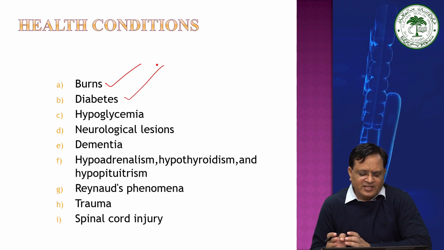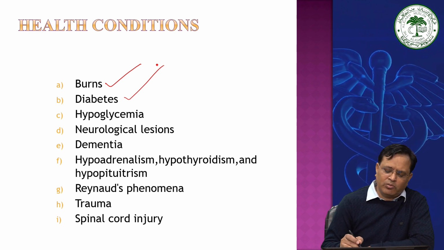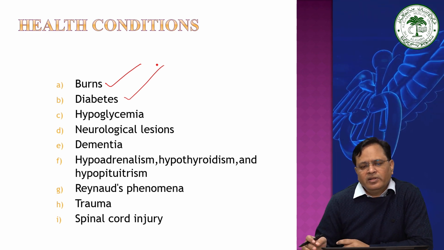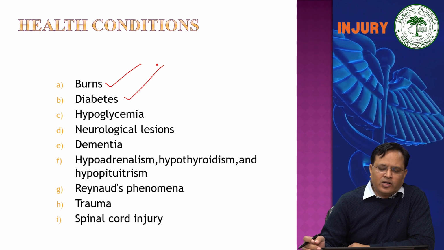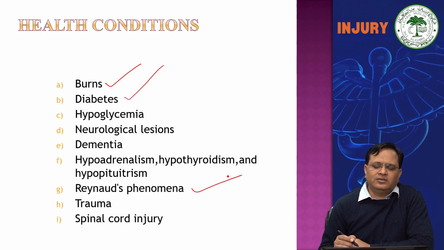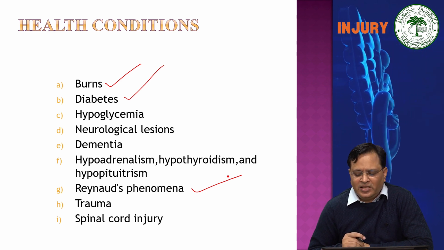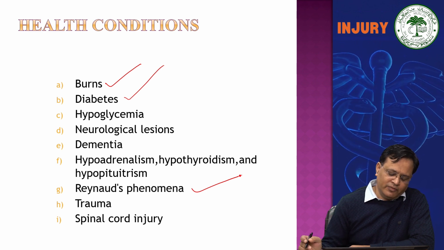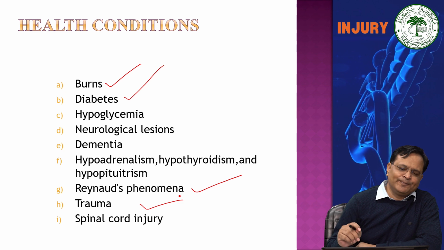Hypoadrenalism, hypothyroidism and hypopituitarism are hormonal gland disorders that are connected with the regulation of body temperature. Raynaud's phenomenon is a disease of the blood vessels which constrict and lead to decreased blood supply to the skin, so hypothermia may develop. Trauma with increased blood loss can lead to hypothermia.